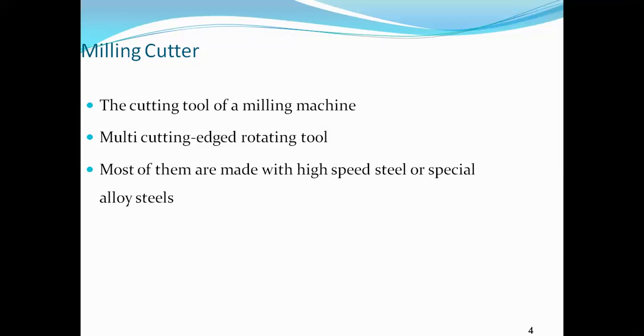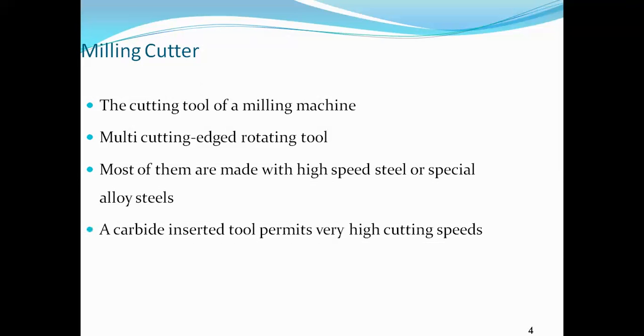In the simplest way, a milling cutter is the cutting tool of a milling machine, and it has multi-point cutting edges. Most of them are made with high-speed steel or special alloy steels, and a carbide inserted tool permits very high cutting speeds.